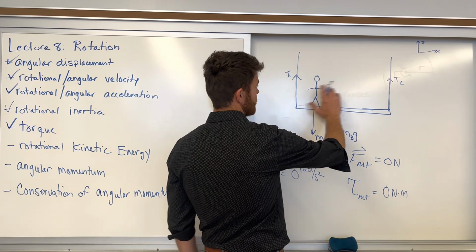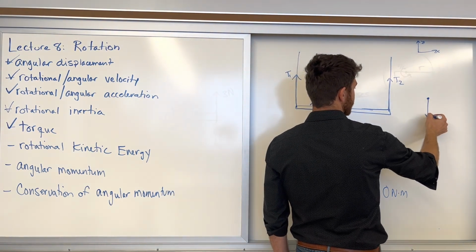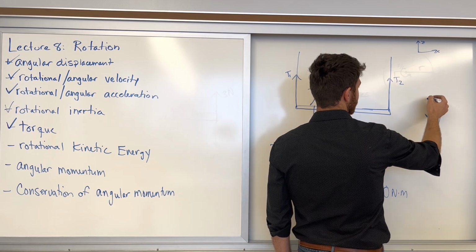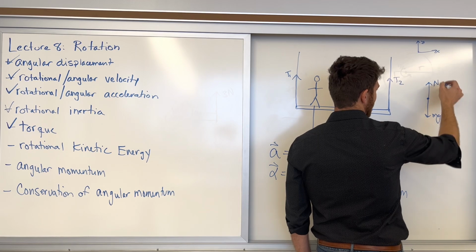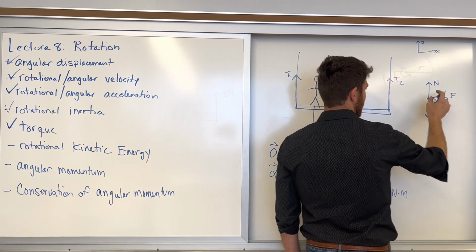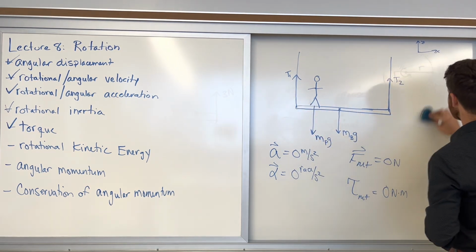Right, so this is our expanded free body diagram. It's called expanded because usually when you draw a free body diagram, you draw all the forces acting from the center of gravity of the object, like the normal force and some other force, all acting from a point. Here, we're drawing the forces where they're acting in space.